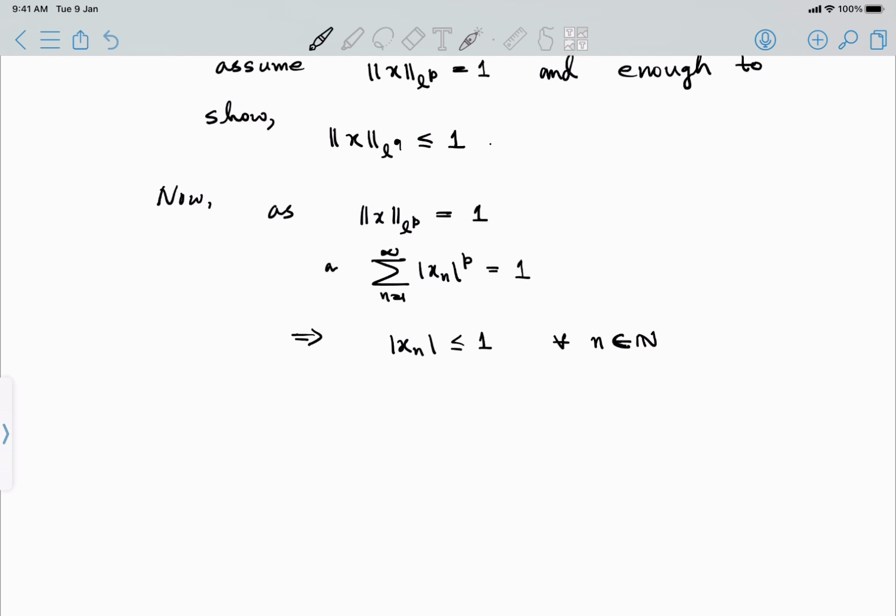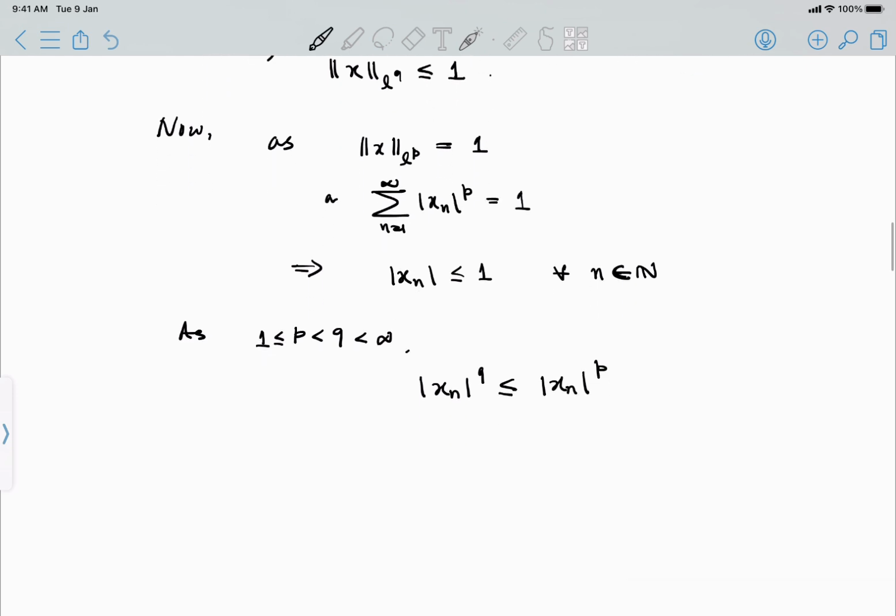Now as each term is less than 1, and p is strictly less than q, q is bigger, so if you take the q-th power, because the term is less than 1, it will be smaller.